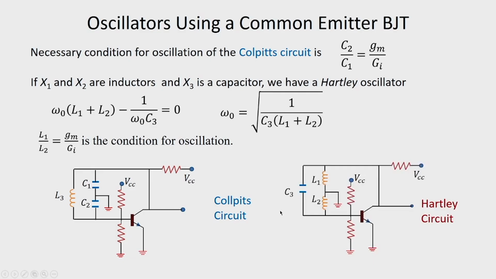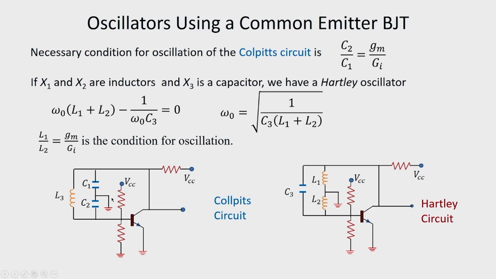Similarly, for the Hartley circuit, we have once again the feedback goes from the collector. These are the biasing arrangements, and the reactive elements are L1, L2 and C3.